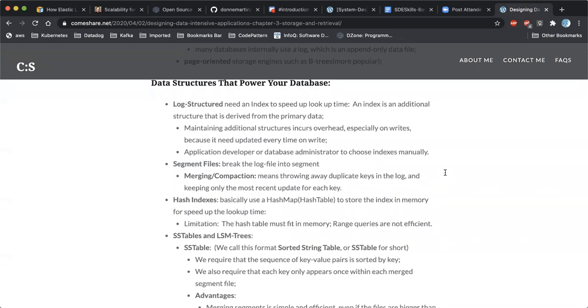When looking for a key, you look into the current segment, and if you don't find it, you go backwards into the history. That's one of the advantages of segmentation. That's where he also talked about file format and deleting records.